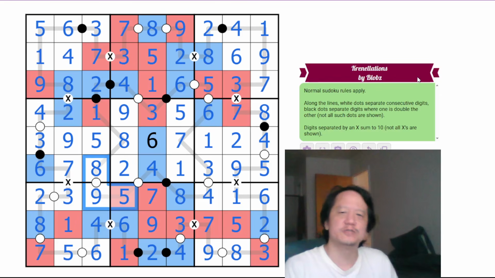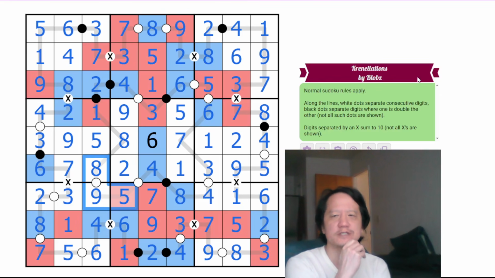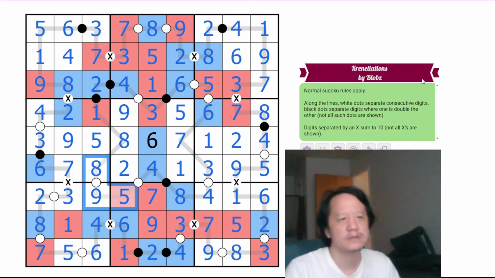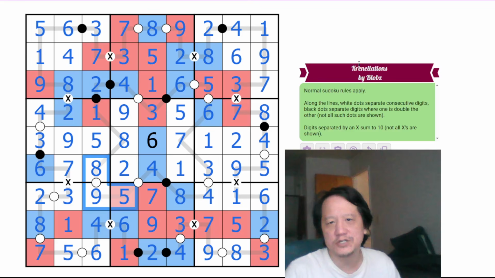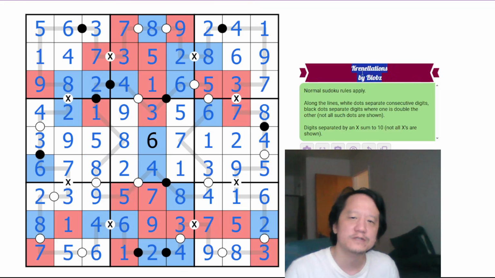Is that the way you actually spell crenellations? I thought it was with a C. Huh. Let me look this up. Yeah, crenellations is normally with a C. So I guess that makes sense because these are crop key crenellations.